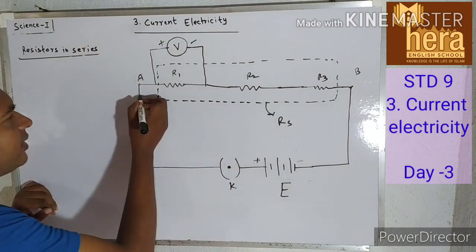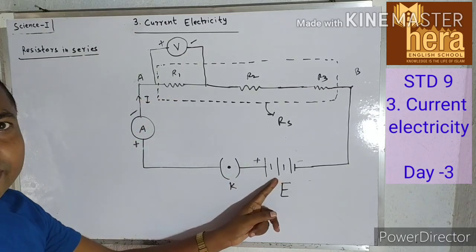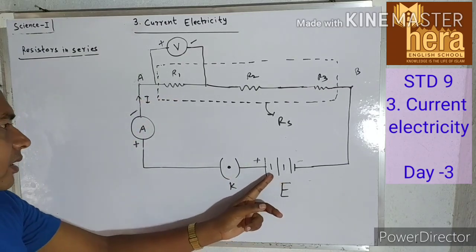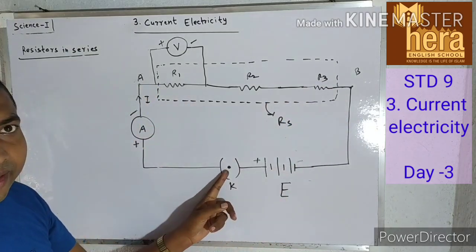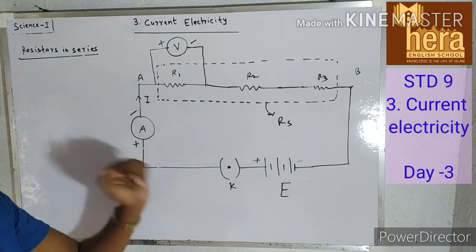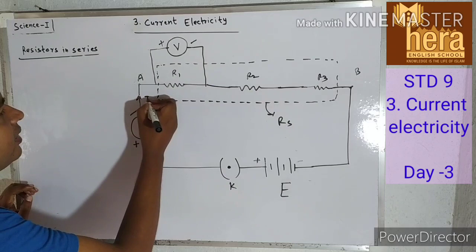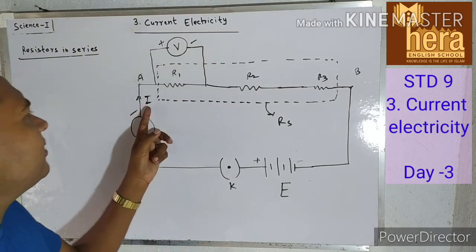Say current I is flowing in the circuit due to this potential difference, and since this is a complete circuit, there is no breakdown in the circuit, so current will flow. Say total current I is flowing in the circuit.